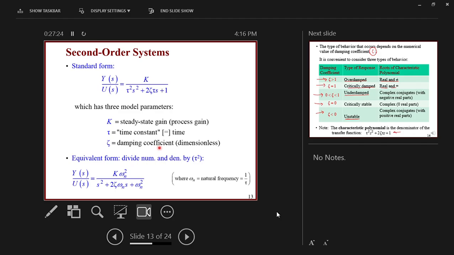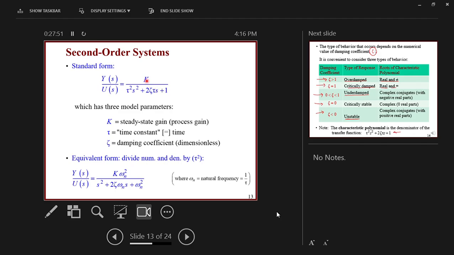It may have values negative or positive, and it represents the dynamics of a second order system. The K is the steady state gain. So since there is a steady state gain, this means that this process is a stable process. It will reach a certain new steady state when excited by a certain input.